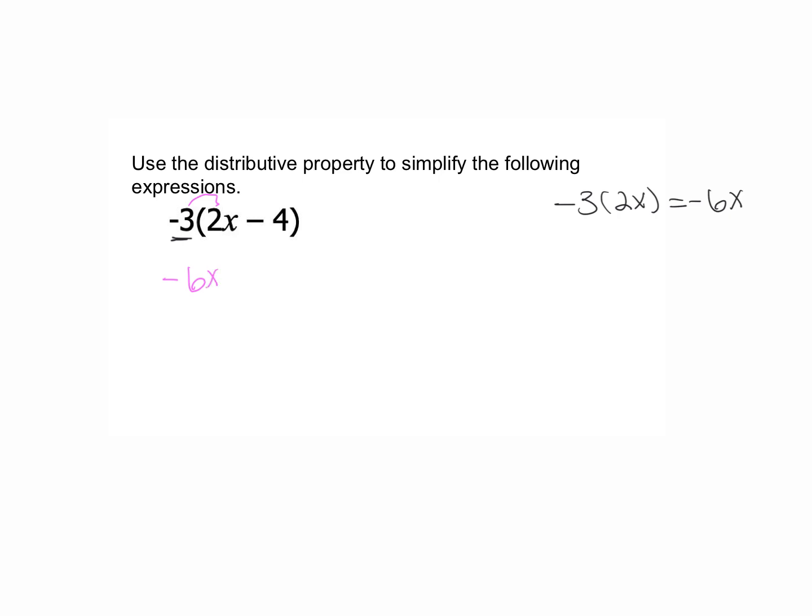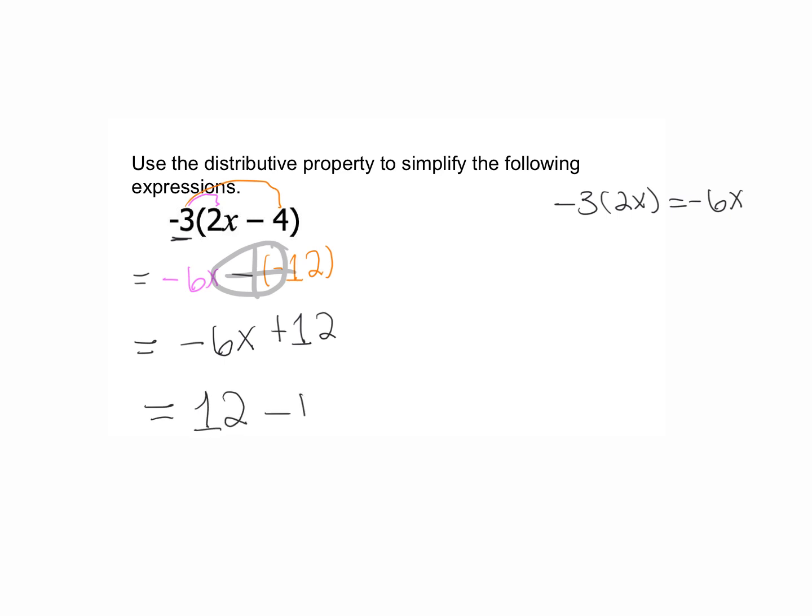Then we have minus. We have negative 3 times negative 4. So we are going to have negative 12. So then we're going to have negative 6x. We have a double negative here, which makes a positive, plus 12. You could also write it as 12 minus 6x.